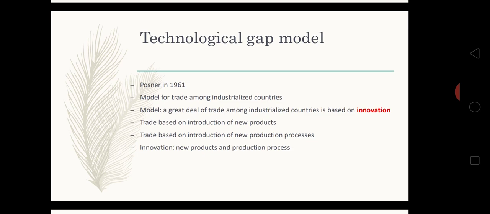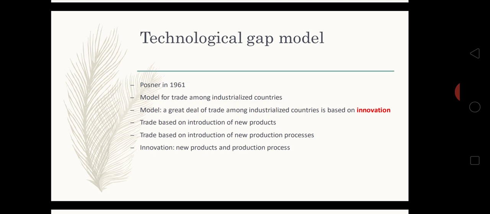Usually advanced or developed economies introduce some changes in the technical field. They may introduce some new production process, some novel products, some innovation. So innovation-led trade is the technological gap model.